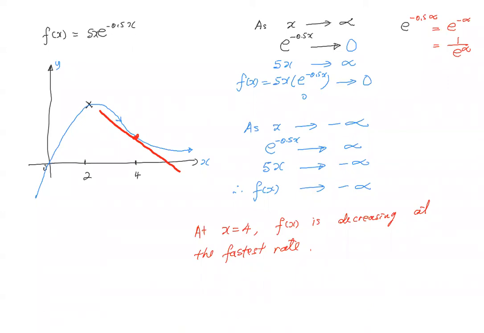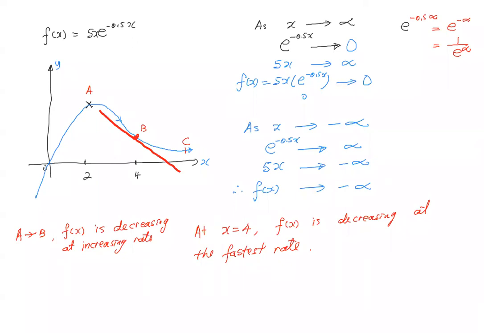Okay, if I name this A, name this B, and name this part as C, correct? So A to B, f(x) is decreasing. Decreasing means going down at increasing rate, because it becomes steeper.